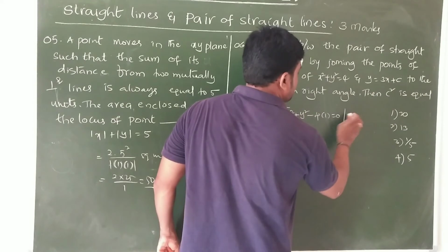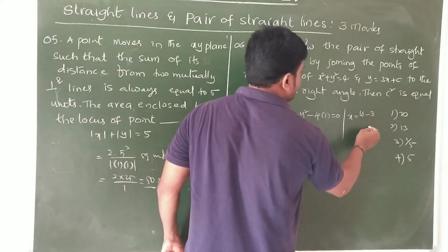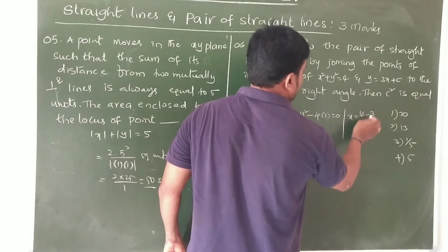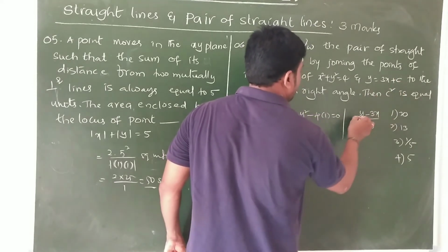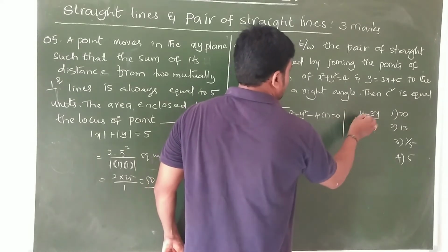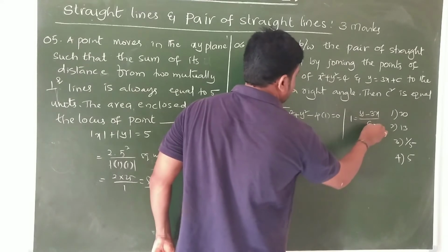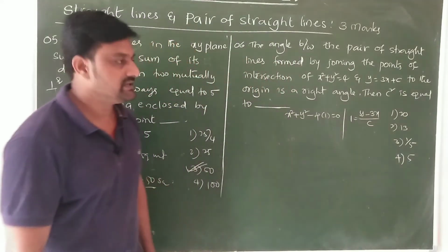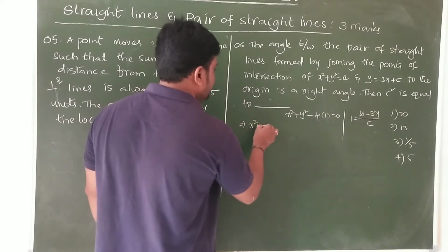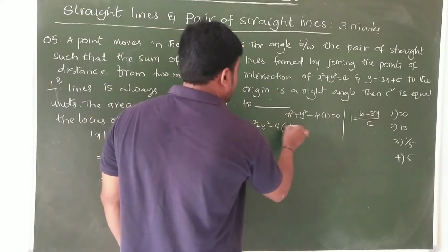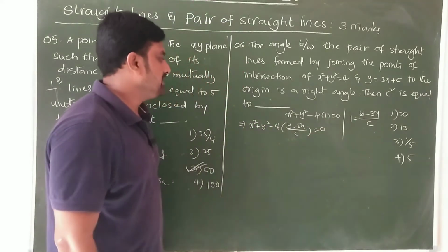In the place of 1, we need 1: c equals y minus 3x, then 1 equals y minus 3x by c, yes or no? Okay, then substituting here and homogenizing, x square plus y square minus 4 into y minus 3x by c whole square equals 0, okay.